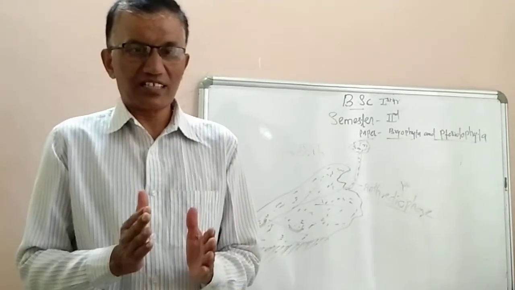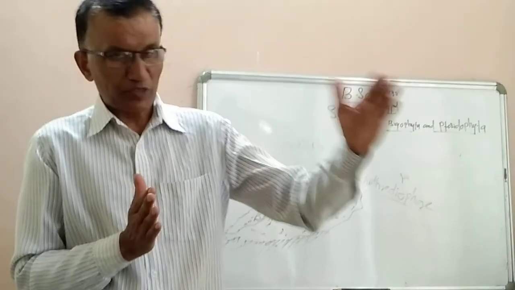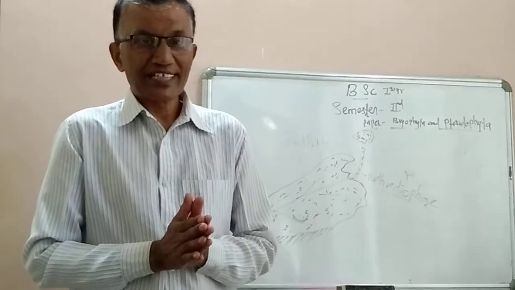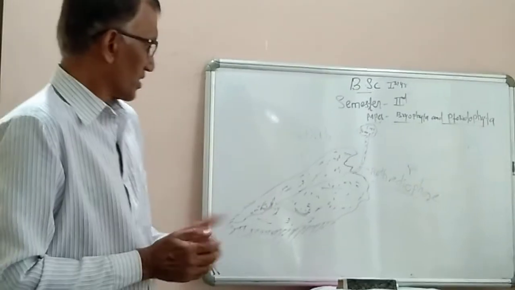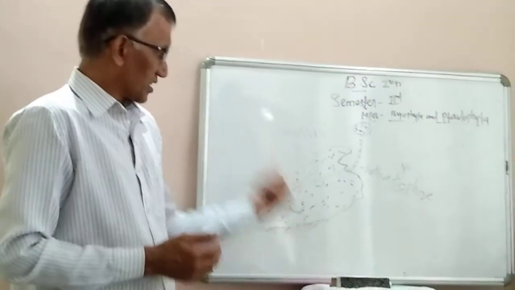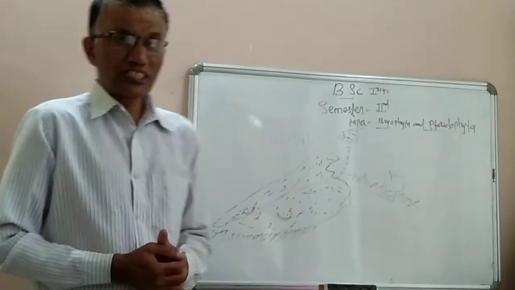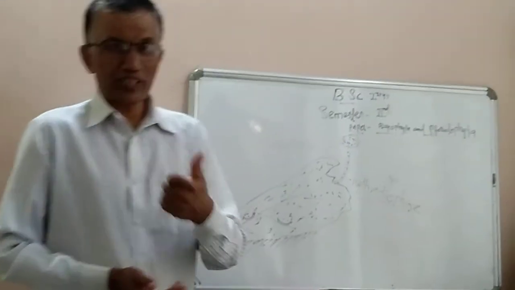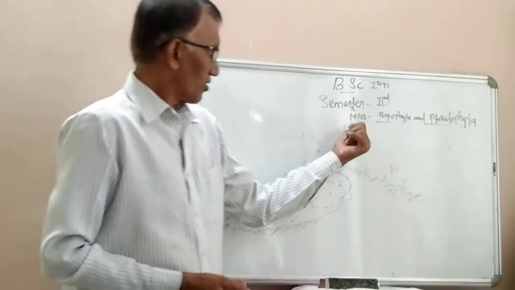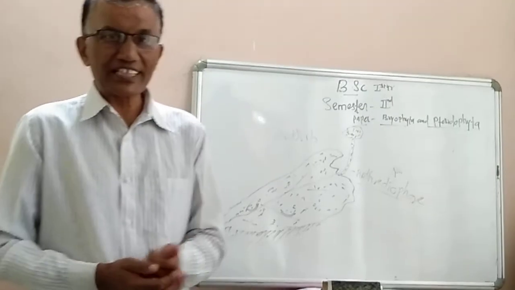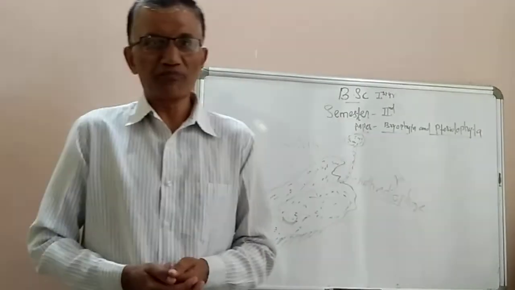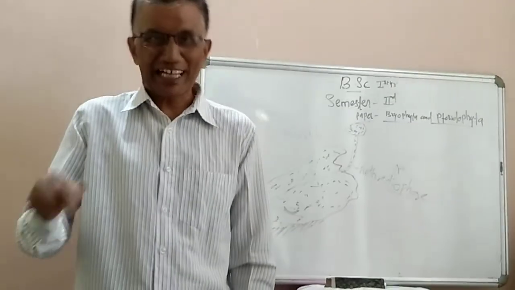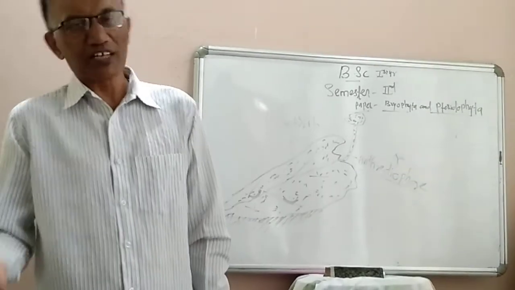You have to remember these things: which is the gametophytic phase, which is the sporophytic phase, why it is known as heteromorphic alternation of generation, what are gemma cups, what are gemmae, what type of rhizoids and scales there are, what is antheridium, what is archegoniophore, what is the structure of antheridium and archegonium, whether the antherozoids are haploid or diploid, and whether the egg of the archegonium is haploid or diploid.